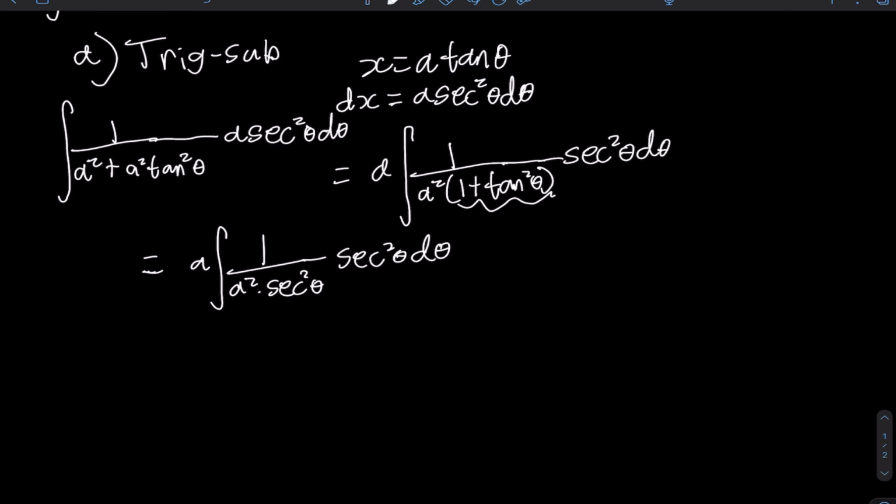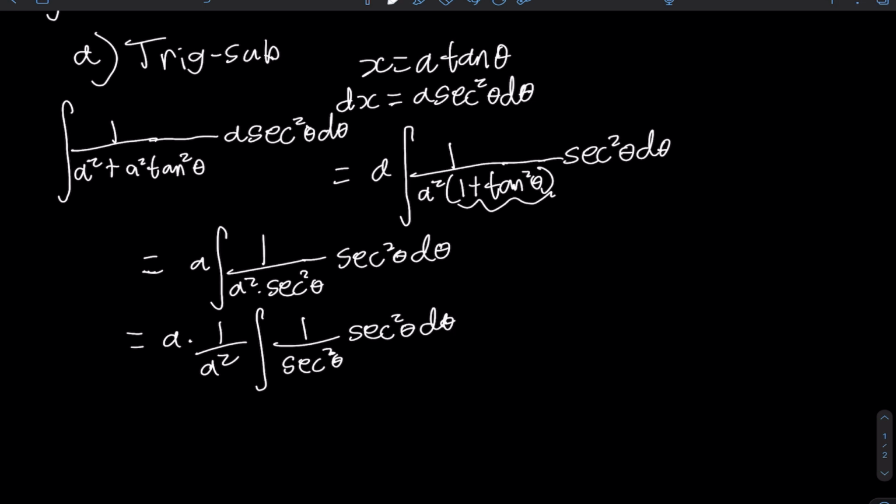Now, this is the same thing as writing 1 over a squared times 1 over secant squared, so we can take out the 1 over a squared once again, because it is simply a constant. So this is going to be a times 1 over a squared times the integral of 1 over secant squared theta, and now our dx is secant squared theta d theta.